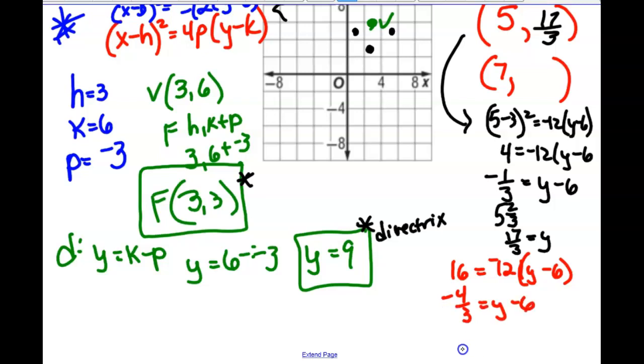Add 6. 4 2/3, which would be lovely. Yeah, just to make life even more miserable.